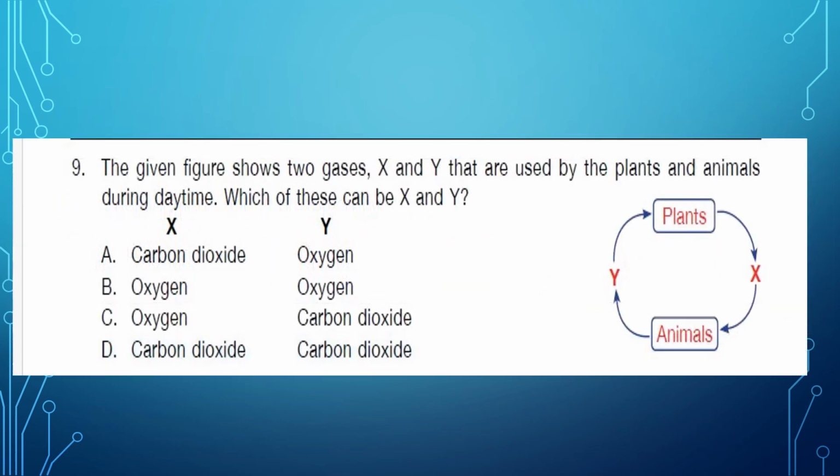Question number 9. The given figure shows two gases X and Y that are used by the plants and animals during daytime. Which of these can be X and Y?